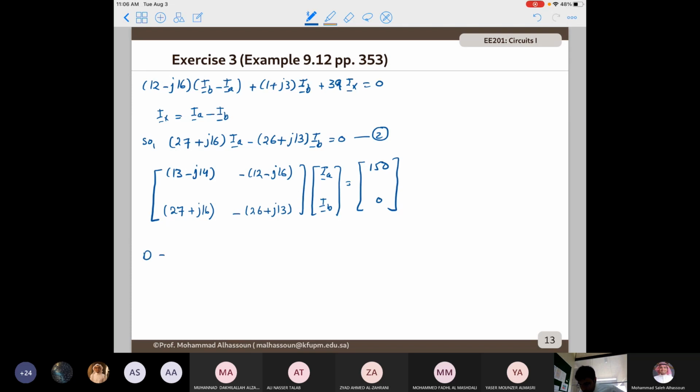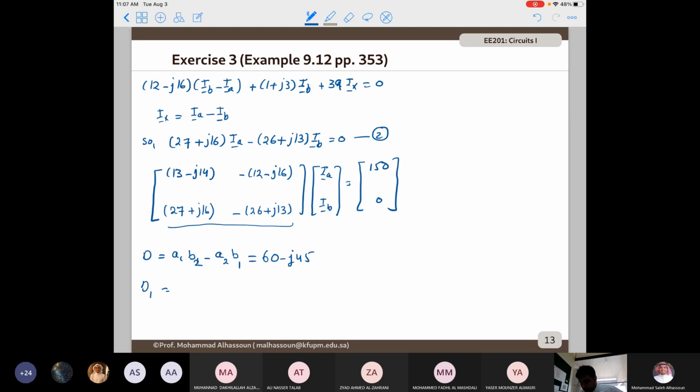Okay, so D is going to be the determinant of this matrix. So it's going to be A1 B1 minus A2, and it's going to be 60 minus J45.